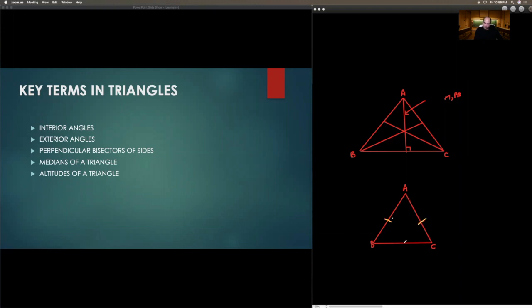So if you look at the non-equal side, let's say BC is the non-equal side, the third side, then if you take the midpoint of BC, let's call it M1, and you draw the perpendicular bisector, it will pass through A again.